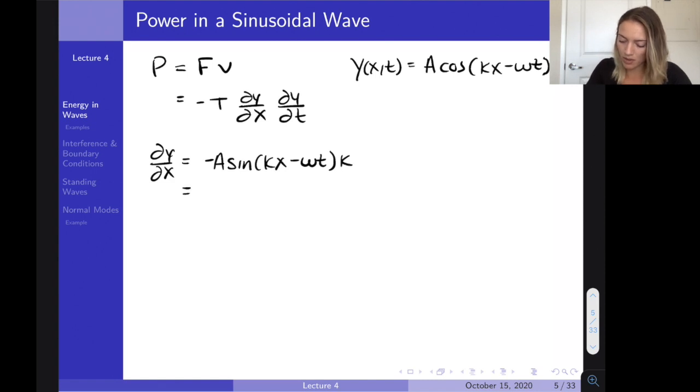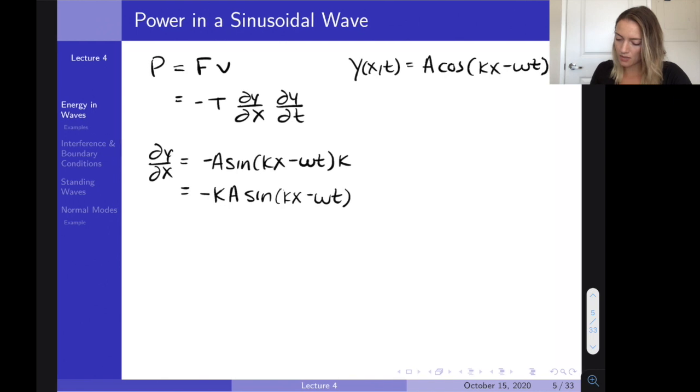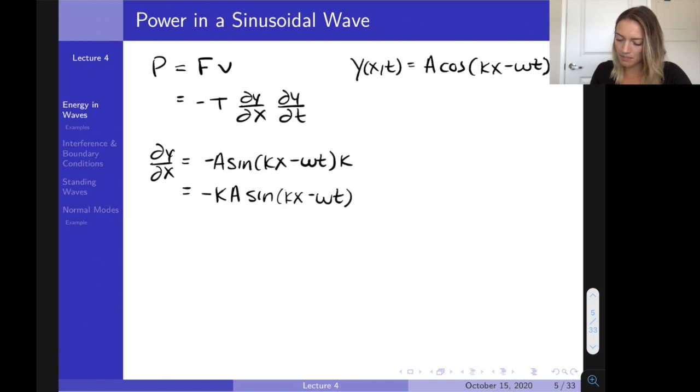So we end up with negative kA sine(kx minus omega t). All right, and then let's take the derivative with respect to time.